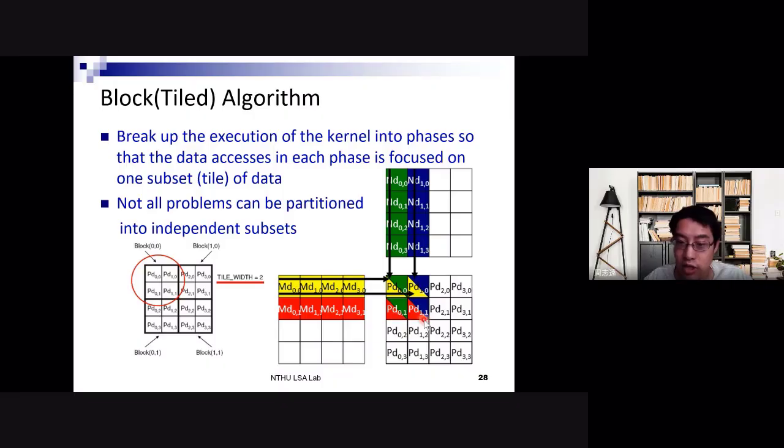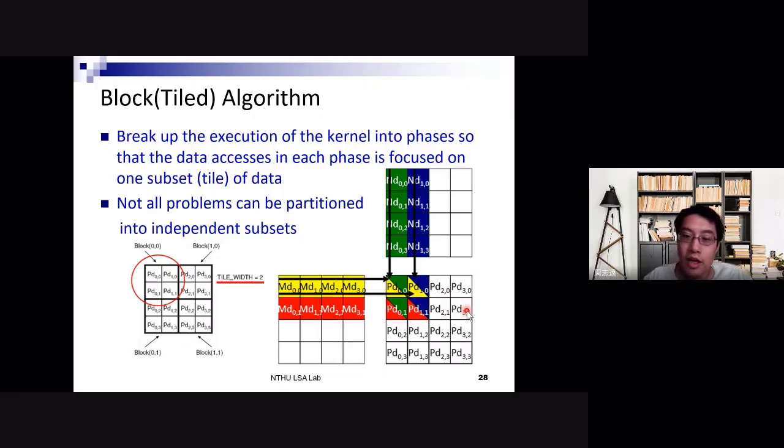But in this case, you can see, for example, the red column, right? We have to load it when we compute this partition, and we have to load it again when we try to compute this partition. So we have to load it multiple times.